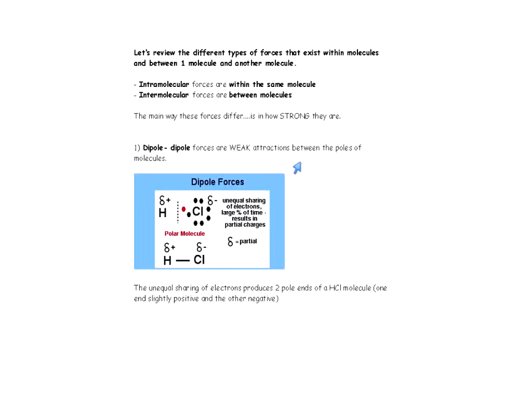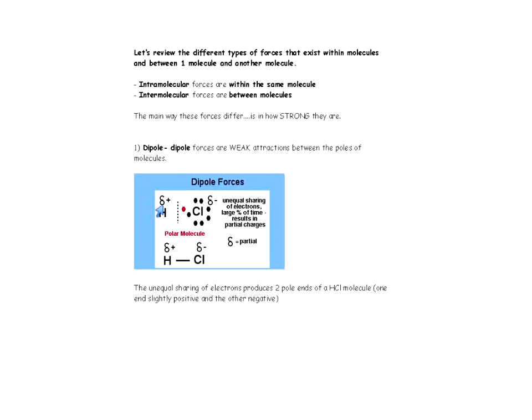Remember, dipole-dipole forces are weak attractions between the poles of molecules. What happens is you have an unequal sharing of electrons. The electrons spend more of their time here than there. Because of that, this side of the molecule becomes more negative, and this side becomes slightly more positive. Again, they're weak forces.